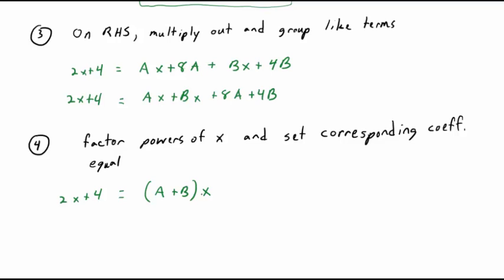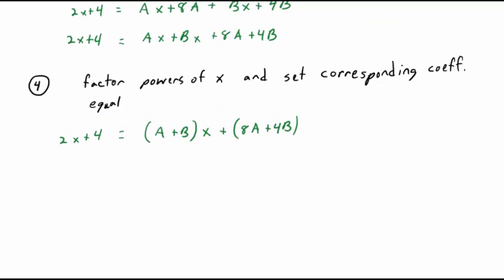And then there's not much to do with the constant term, although you could group them together with a pair of parentheses. Right? And then, well, no, you just wanted to factor out powers of x.